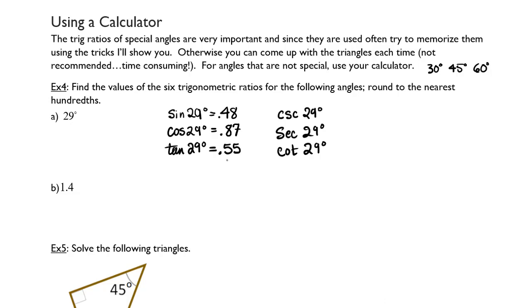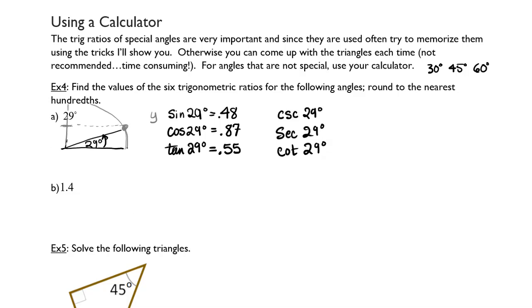All right, so let's take a look at what this actually means in a sketch. 29 degrees is very close to 30. If we were looking at a unit circle, we would be looking at how the relationship between x and y correspond. And I can see that my y for sine makes sense because I'm just under halfway up the y-axis in the positive direction.